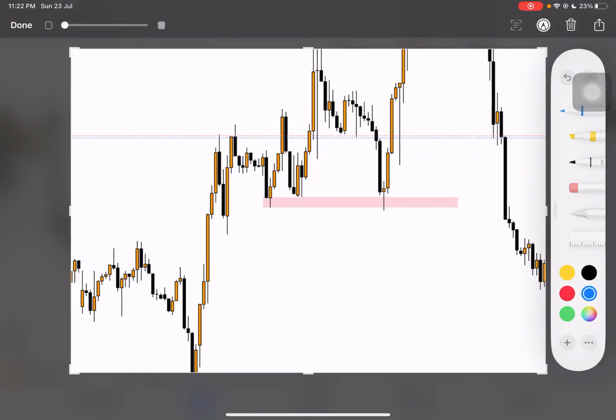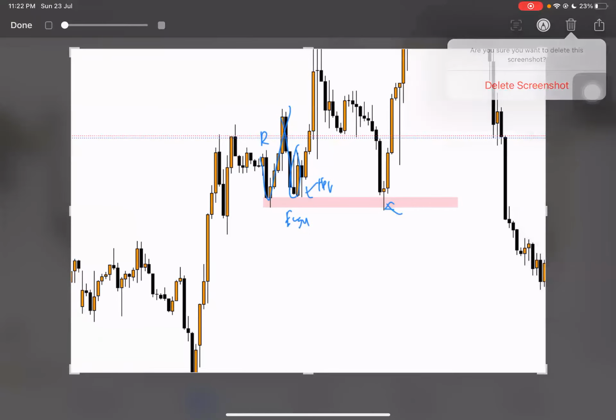This is the good support and able to break out the resistance. So when we come back, it's forming the engulfing. Engulfing, and then pullbacks, you try to entry. You can try to entry here or here, both also can.